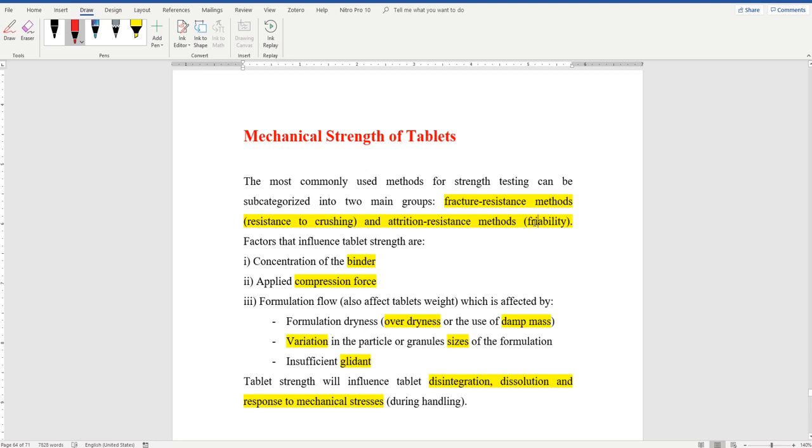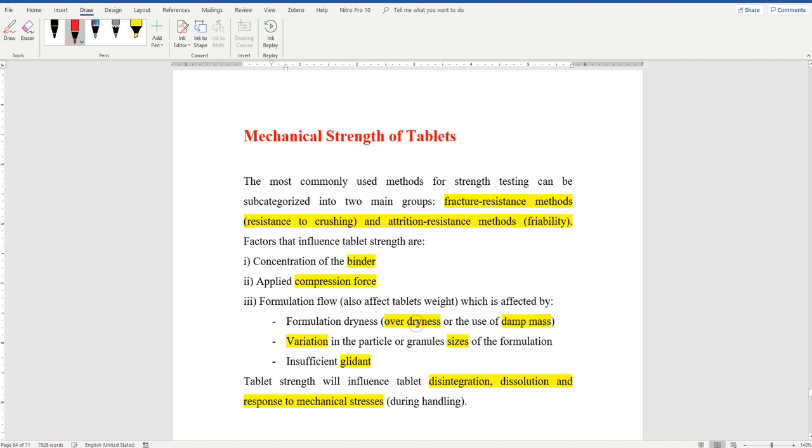Now, why would a tablet be not strong enough? I already explained to you one of the reasons, and one of the reasons اللي هو formulation flow, and you might have a problem of flow because of damp mass or over drying.